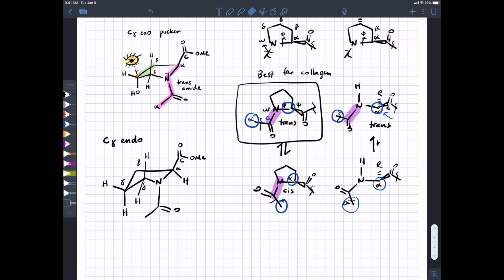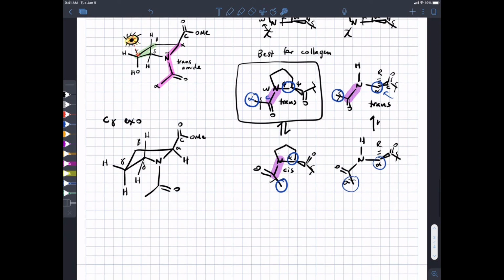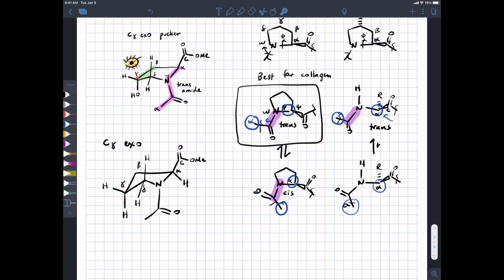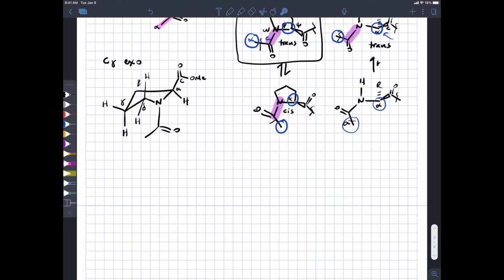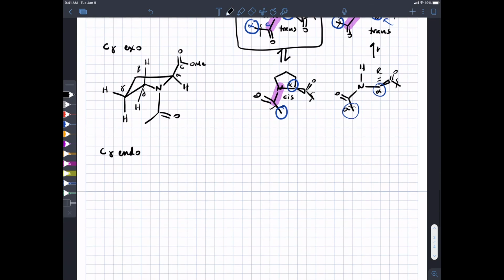Oh, sorry. Why do they call it C gamma exo versus endo? I don't know. They call it C gamma because we're dealing with whether this gamma carbon is pointed up versus down. Why it's exo versus endo, I got nothing. But there's an alternative conformation. We would call this the C gamma endo pucker, where the gamma carbon is elevated out of the plane of the ring. So let's draw it again. Here's the methyl ester with our carbonyl carbon.